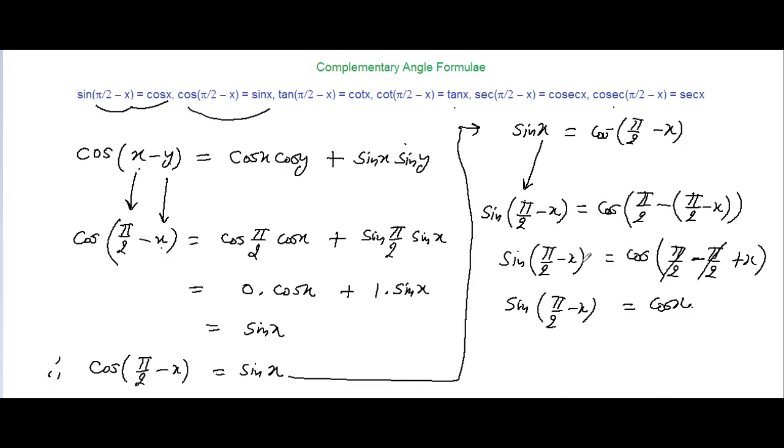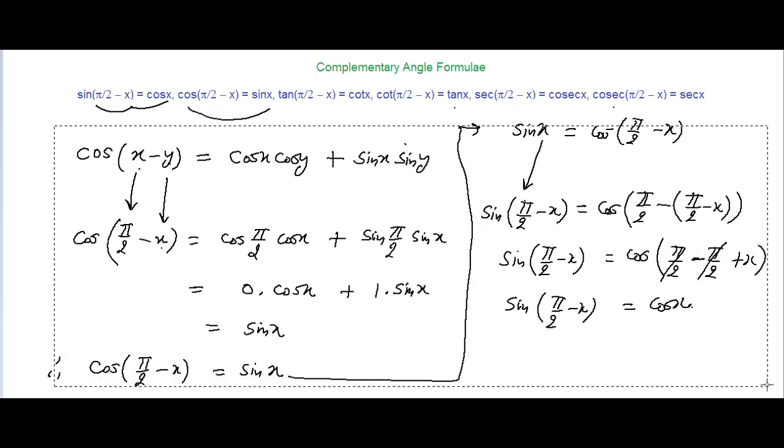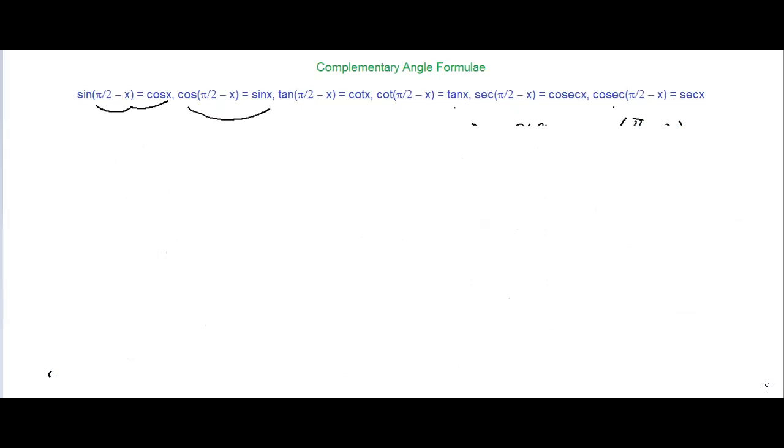Okay. Now I am erasing what I have done here so that I can prove the other formulae easily. Because we have proven sine of pi by 2 minus x is equal to cos x, and cos of pi by 2 minus x is equal to sine x.